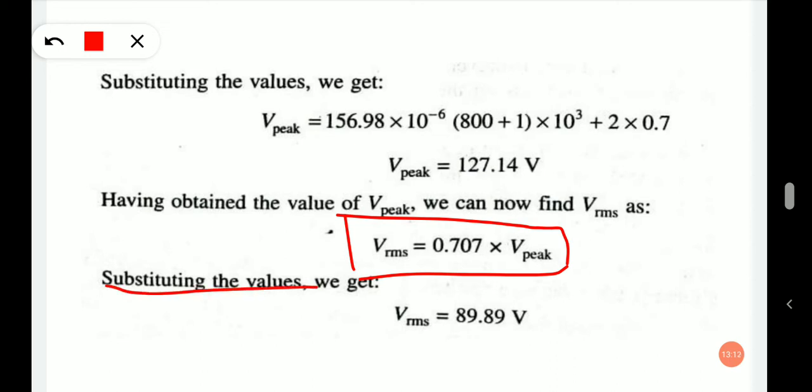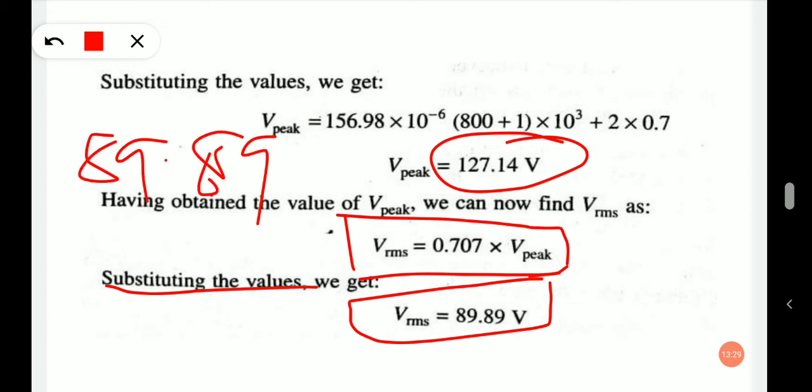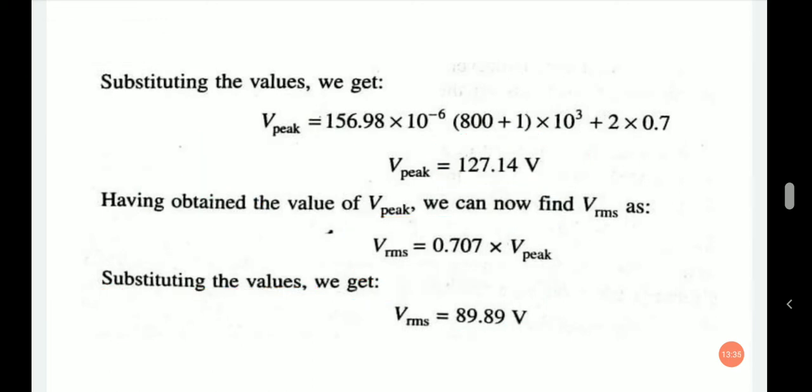If we substitute the value of V peak, that is 127.14 volt, then we will get the final value of RMS voltage, that is Vrms, 89.89 volt. Now after this we will see the next numerical.